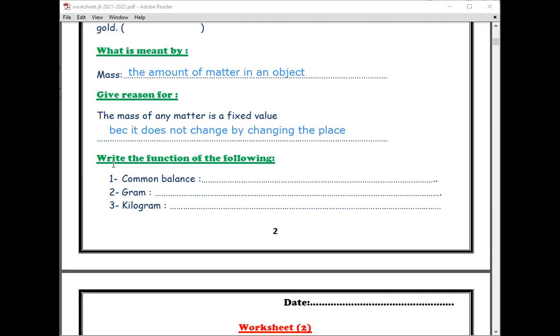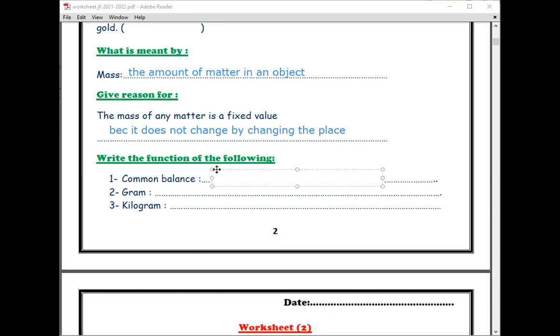The last question, write the functions of the following. Number 1, common balance. Junior 6, common balance means the balance scale. Here I ask you about the function of the balance. The balance scale is used to measure the large masses.